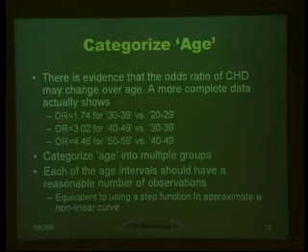What it tells you is the odds ratio increases over time, over age. Okay, it doesn't just stay constant if you compare the consecutive groups there. So one method we can use in statistics, because in this case, we can categorize the age into multiple groups. And then for each of the age intervals, certainly if you want to do this, each age interval should have a reasonable number of observations.